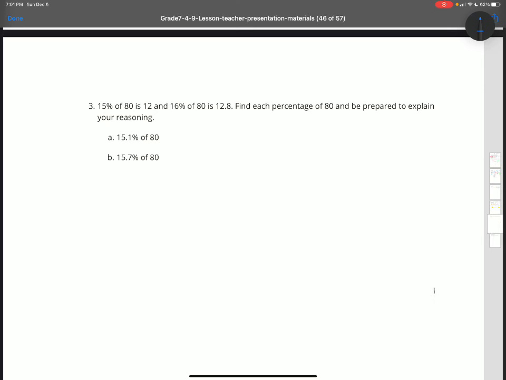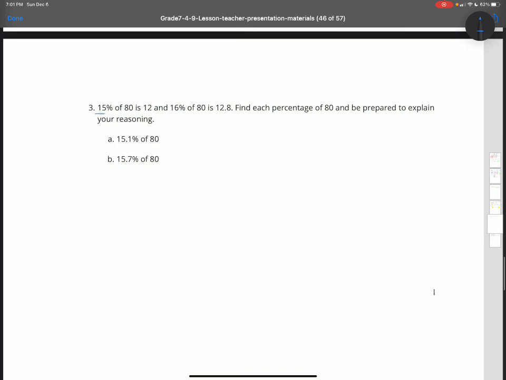All right, guys. So we can actually use this to find out what's 1% of 80. All right. So let me underline this. This is important. Okay. So we're going to do what we did with the last one. All right. So we know that 16% of 80 is equal to 12.8. 15% of 80 is equal to 12.